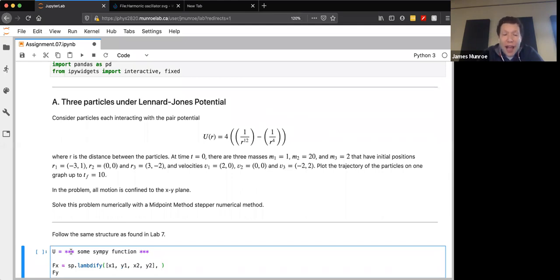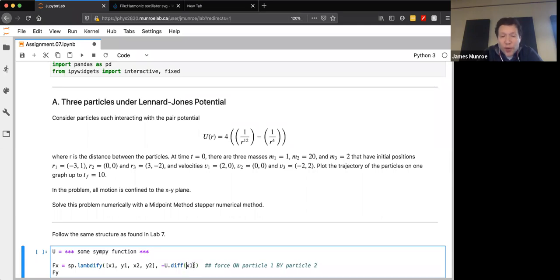If I already have some expression U, then I can just say minus the derivative of U with respect to x1. This thing will be the force on particle 1 by particle 2.